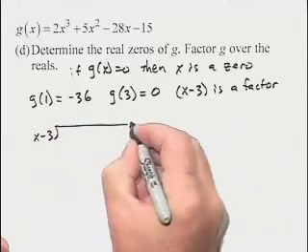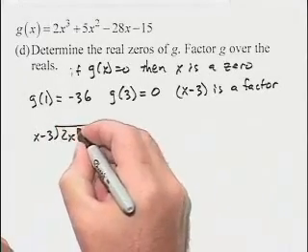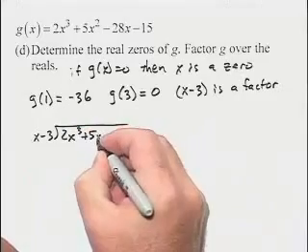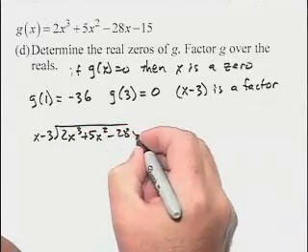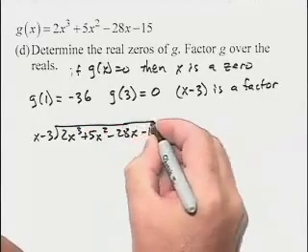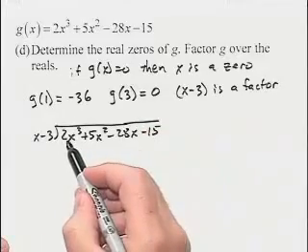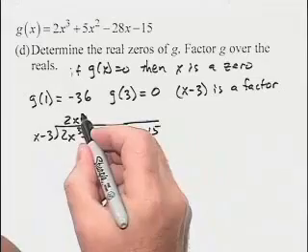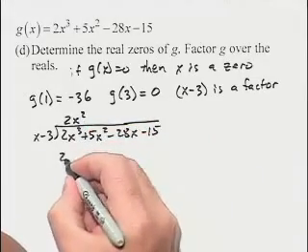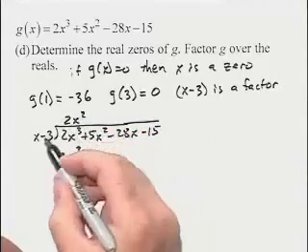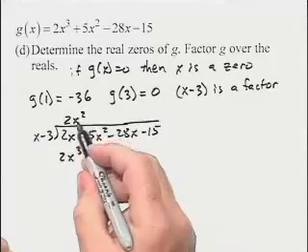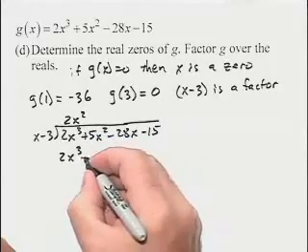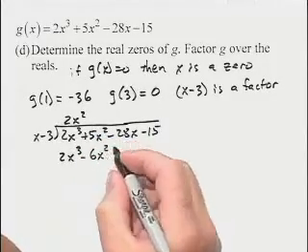We're going to take x minus 3 and divide into 2x cubed plus 5x squared minus 28x minus 15. Look at 2x cubed. We need to multiply x by 2x squared to get 2x cubed. 2x squared times x is 2x cubed. 2x squared times negative 3 gives us minus 6x squared.